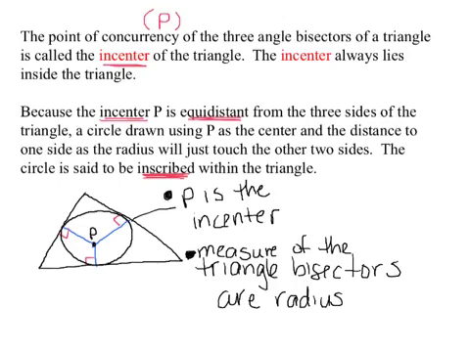The circle is said to be inscribed within the triangle. The circle is perfectly inside the triangle, touching each side. So here we have P is the center, the incenter, and I drew a circle inscribed inside the triangle. So the measures of the triangle bisectors are the radius. These are all equal. Okay, it's pretty cool.